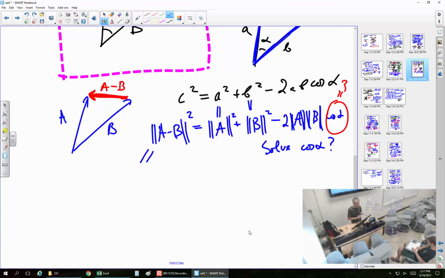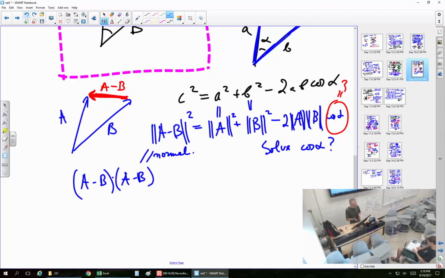So the magnitude of a minus b squared is simply the dot product of these two vectors, so that's the normalization property.